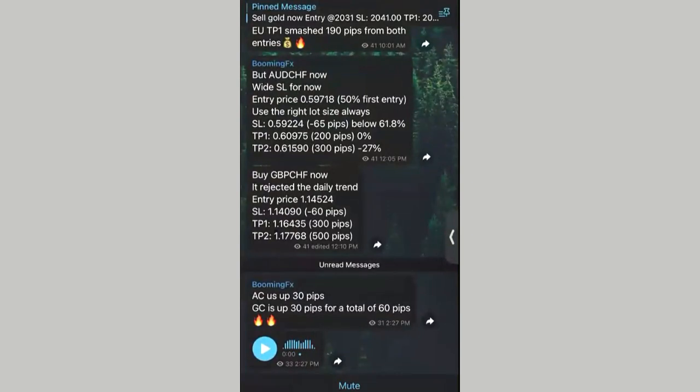So your first TP is at 300 pips, and your second TP is at 500 pips, right? So what you want to do is aim for the highest, or if you're okay holding it for just TP1, it's all up to you. So he gives you 2 options. If you want 300 pips, you take it. If you want 500 pips, you can hold it for longer. You know what I mean?